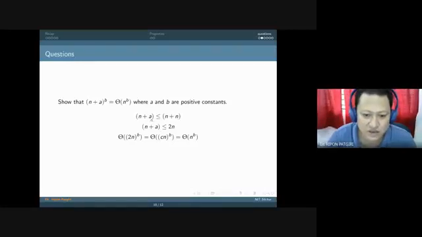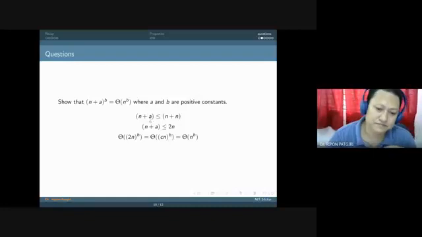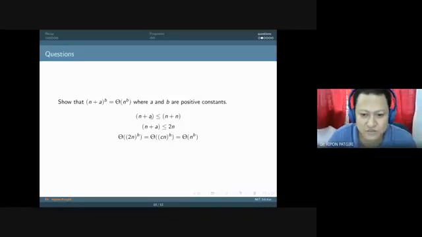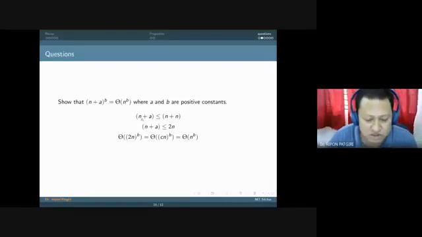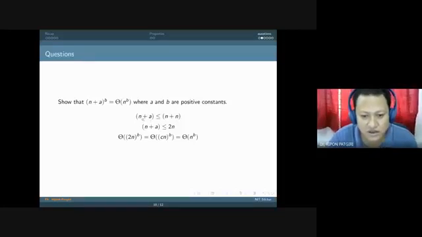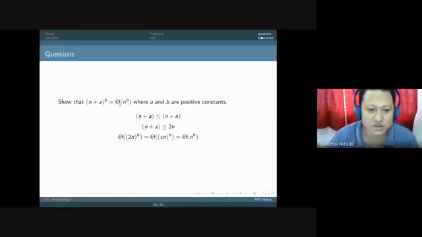So it won't affect the algorithm. That is predetermined. But n is variable, so you don't know the size. So you have to take care of this n. If a is also variable, you don't know, then n plus a is not equal to big theta of n to the power b.